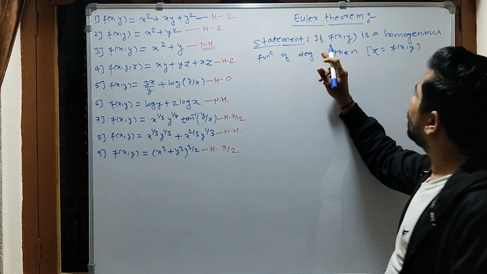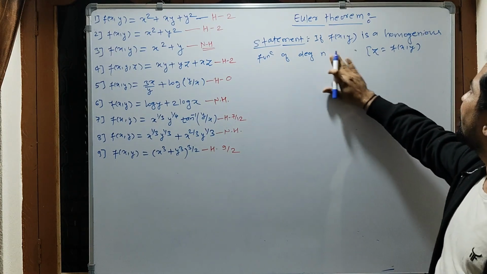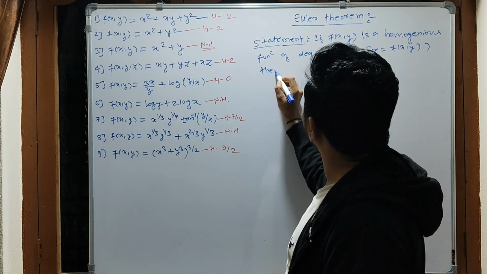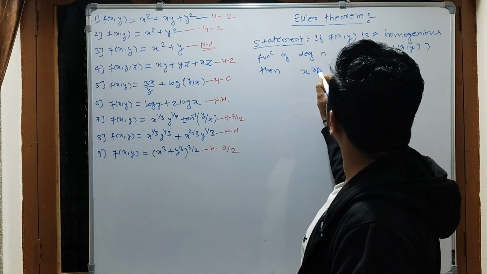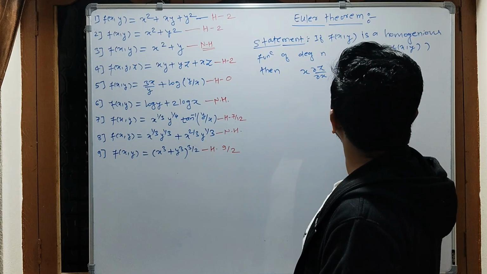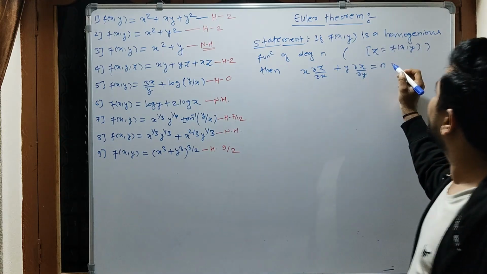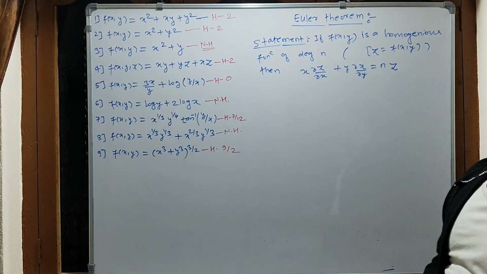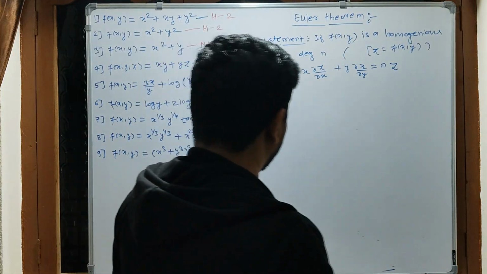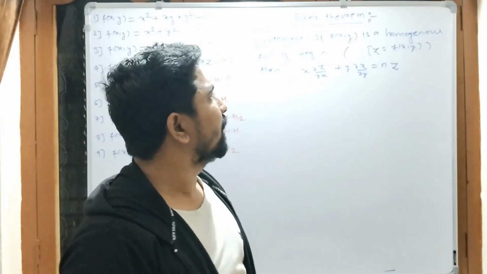So z equal to f of x comma y is a homogeneous function of degree n, then x times dou z by dou x plus y times dou z by dou y equals n times z, where z equal to f of x comma y. So this is the statement of my Euler theorem.